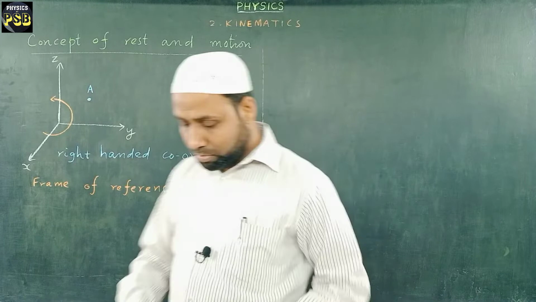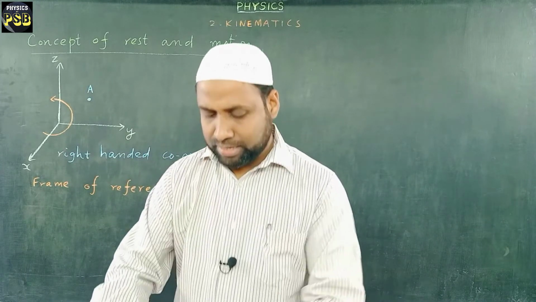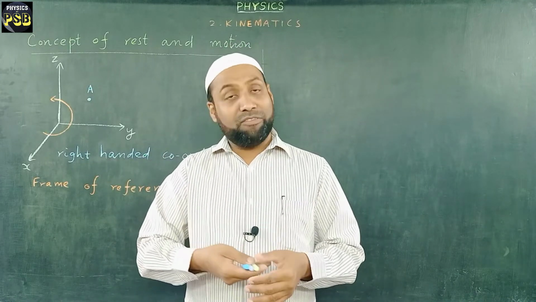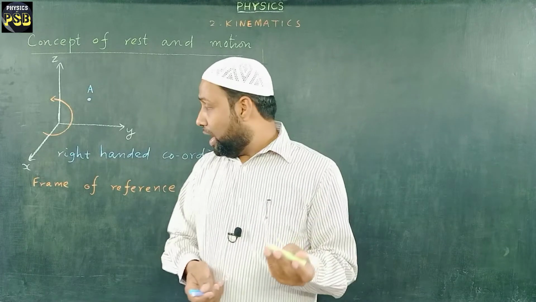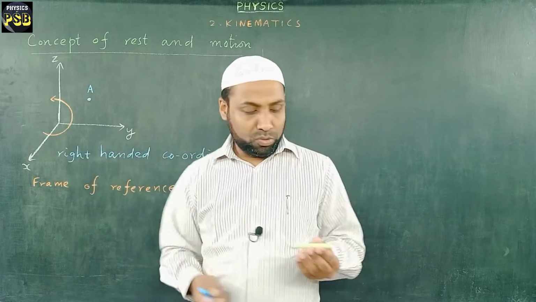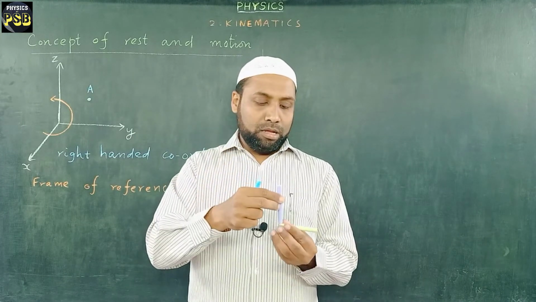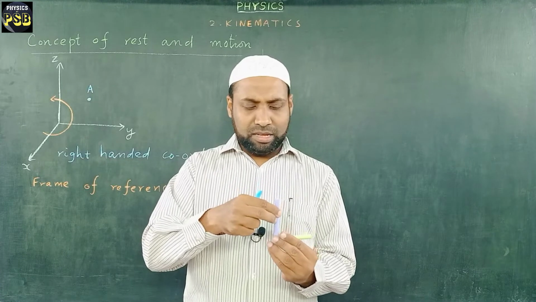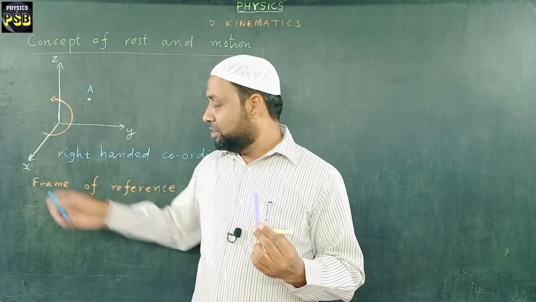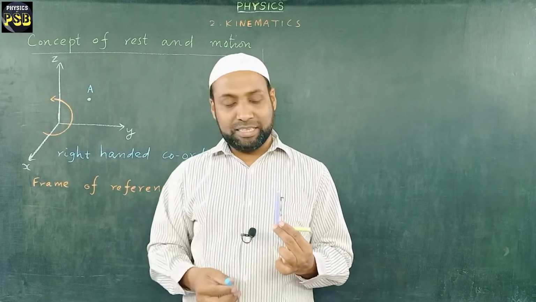Here, to make you understand this, I take three chalk pieces of different colors. I use this chalk piece to represent the y-axis, which is acting towards this side. Then the violet chalk piece represents the z-axis. Then this blue chalk piece will represent the x-axis.